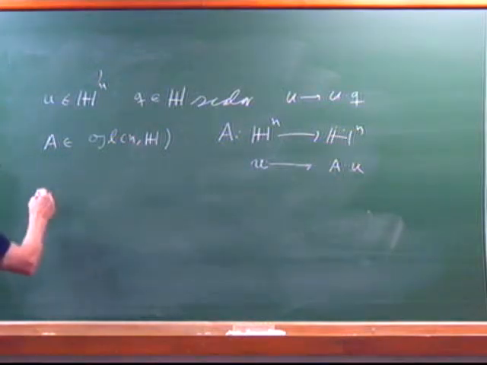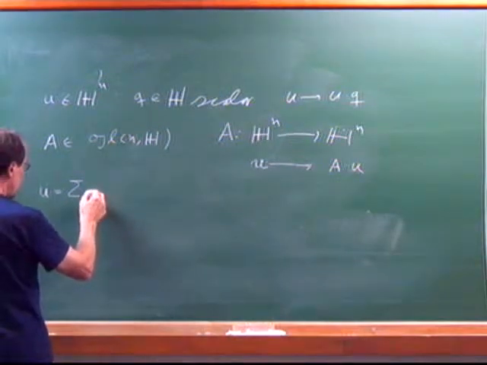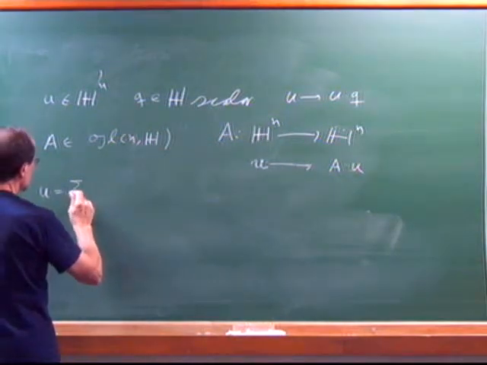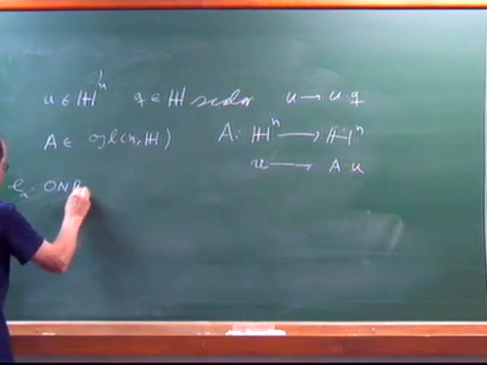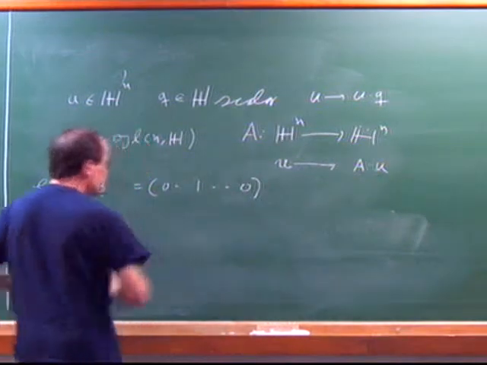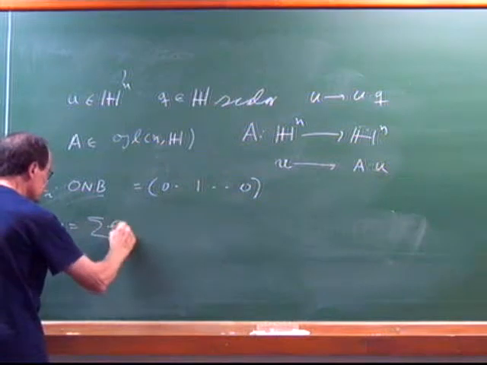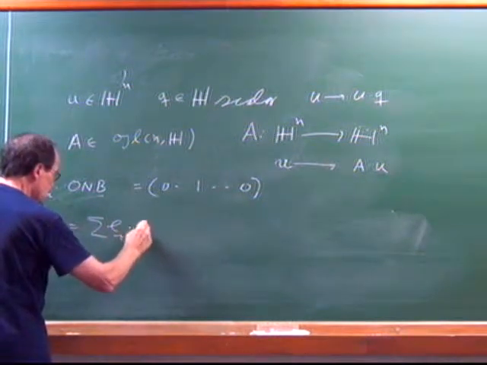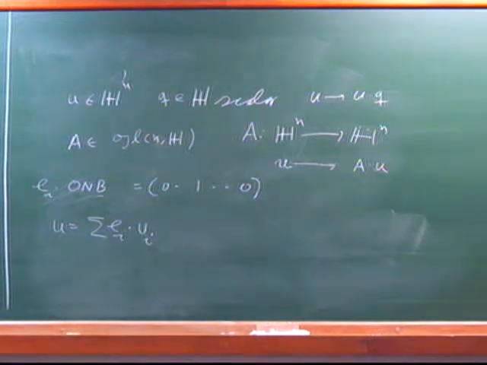So let's carry out this computation since it's important. So e_i is an orthonormal basis, the usual one with 1 in the ith component, 0 everywhere else. Write a vector u in component form. And now my convention must be from the right. And that's what a vector looks like.